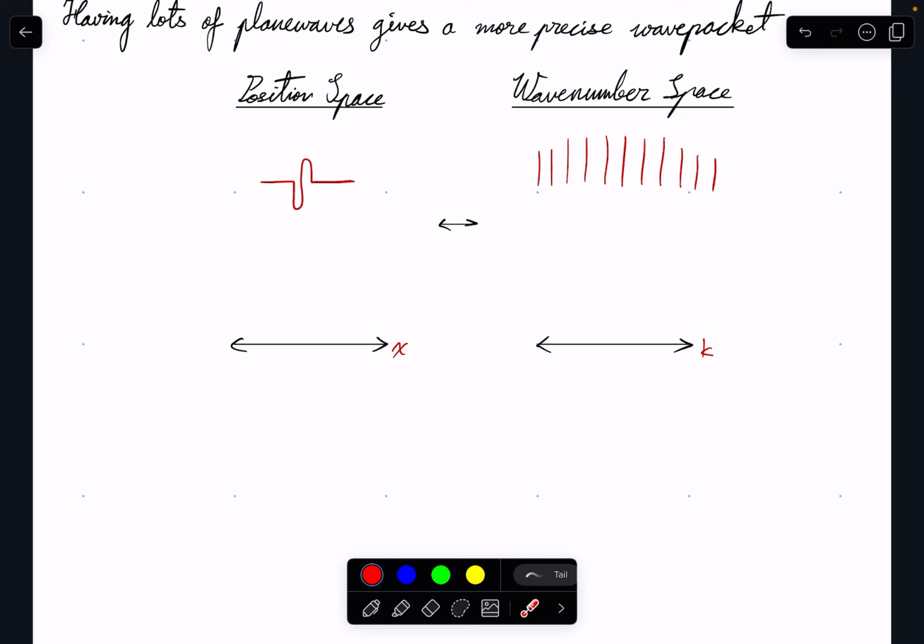But say I don't have a precise location and I'm not localized, so that means it's pretty close to just being a plane wave, then I effectively just have one wave number. And so as position space gets more precise, more localized, wave number space goes up. As position space becomes less precise, wave number space becomes more precise.